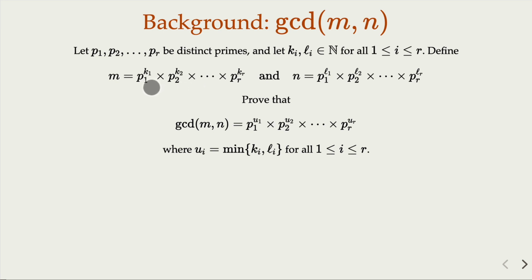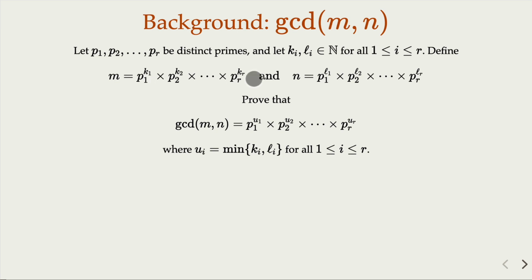In that case, we take the exponent to be 0. So p1 through pr is the union of the primes that we found in m and n. In this case, we claim that the GCD has exponents u1, u2, through ur, each being the minimum value of the two.